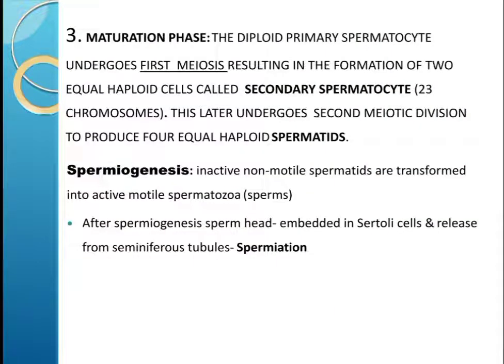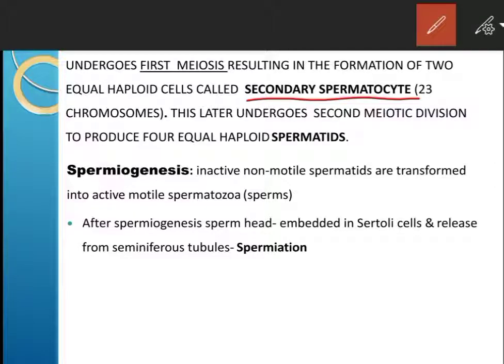Now the third phase, that is the maturation phase or formation of spermatids. Each of these primary spermatocytes undergoes first meiotic division and produces two secondary spermatocytes which have 23 chromosomes.